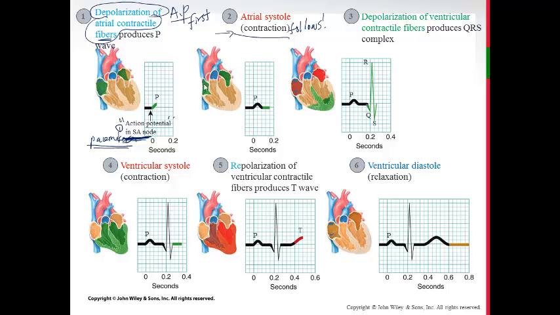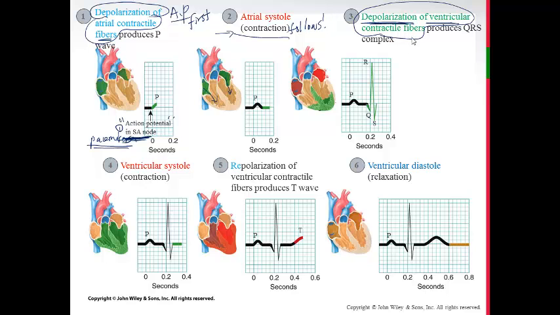And when they contract, imagine blood flowing into the ventricle and filling it up. The signal next from your nodal system gets to your ventricular part. So the next thing is for your ventricles to undergo their action potentials. They first undergo depolarization. When they do so, they generate this huge QRS complex. So that is ventricular depolarization.